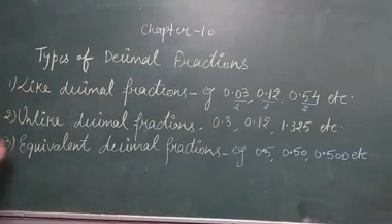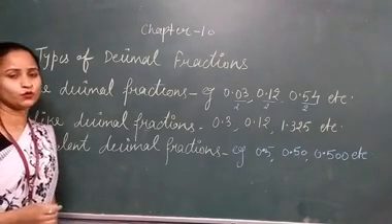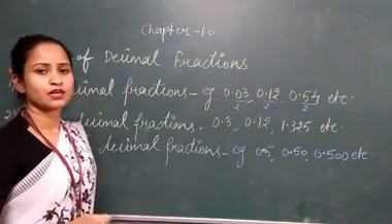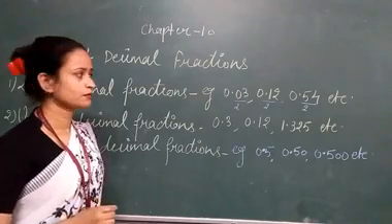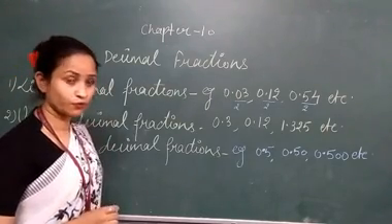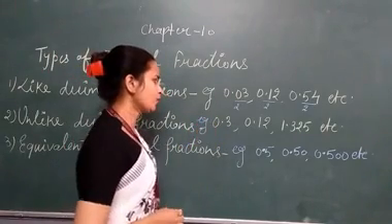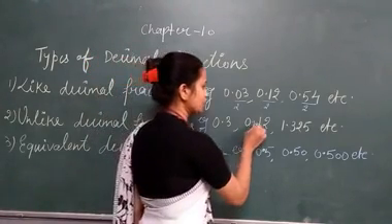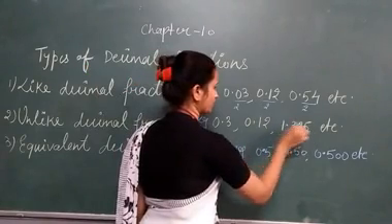Now, second one, unlike decimal fractions. If 2 decimal fractions are having different decimal places. For example, 0.2, 0.1, 1.325.